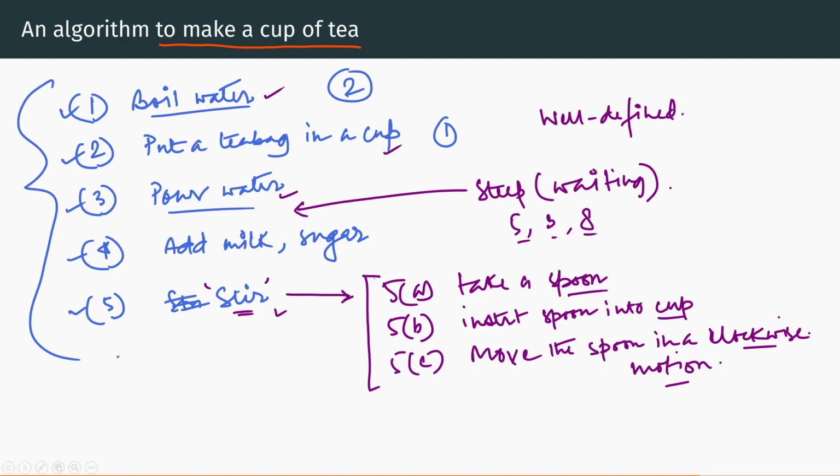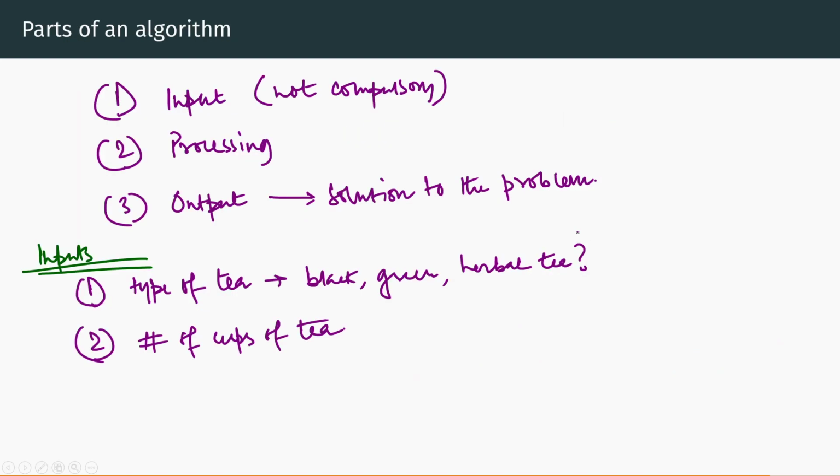What changes based on the input is the amount of water that you boil, the number of tea bags, the number of cups, the amount of steeping time. So the input will change your algorithm slightly, but the basics, the sequence of steps, would remain the same. There would be small changes here and there.